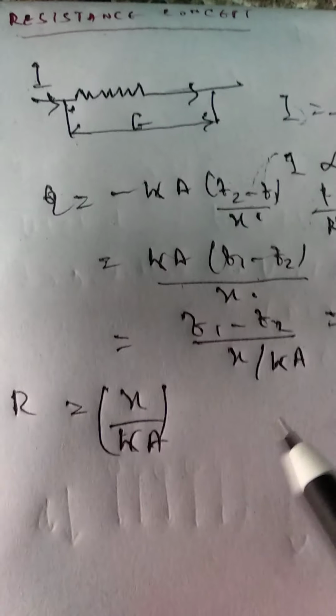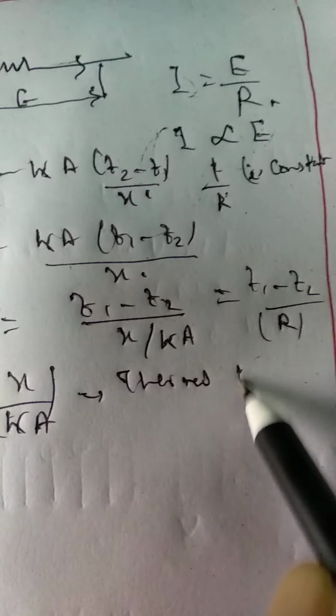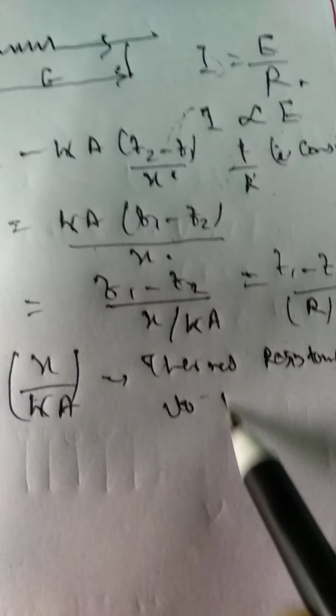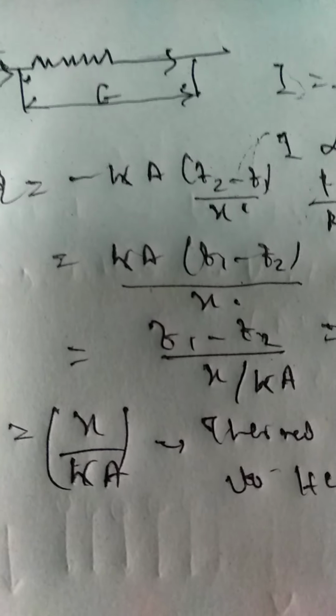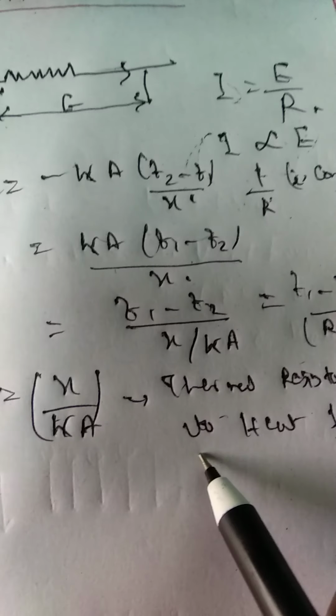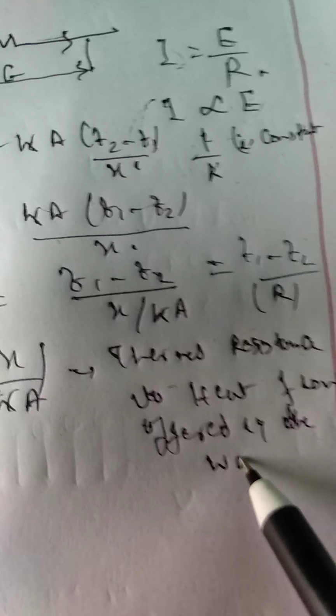So this quantity x by k is known as the thermal resistance. So this is the thermal resistance to heat flow that is offered by the wall.